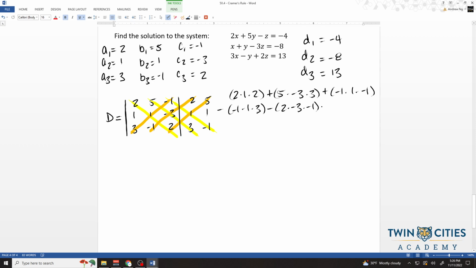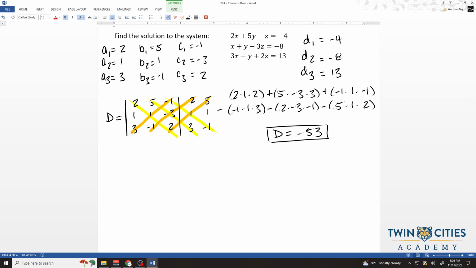Subtracting 5 times 1 times 2. All right, plugging all of this into a calculator here, you'll get D equals -53. And I'm just going to put a box around this, save it for later, because I'm going to need it.